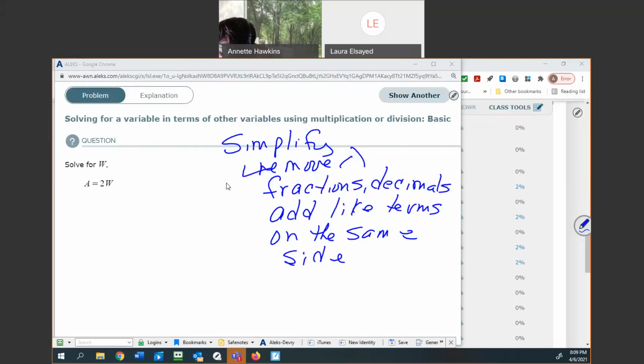No parentheses, no fractions or decimals, no like terms on the same side. The next step is to isolate the variable you're solving for.